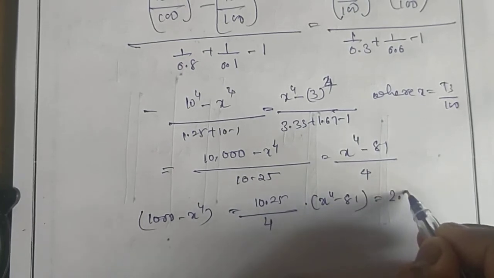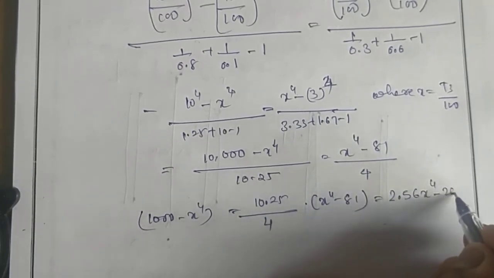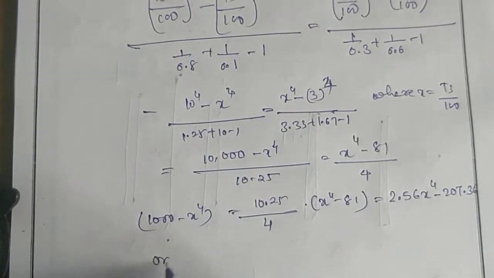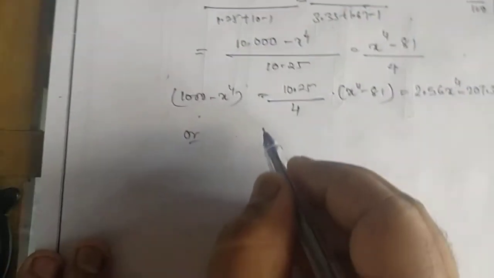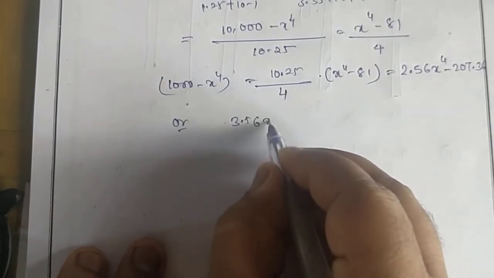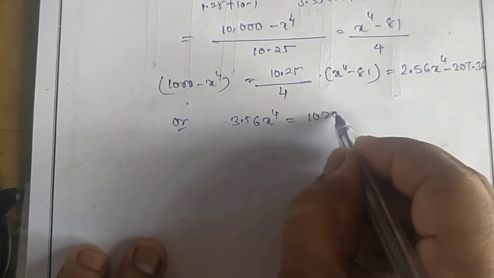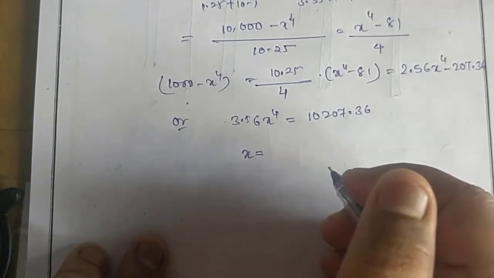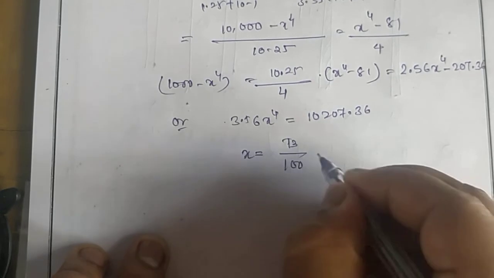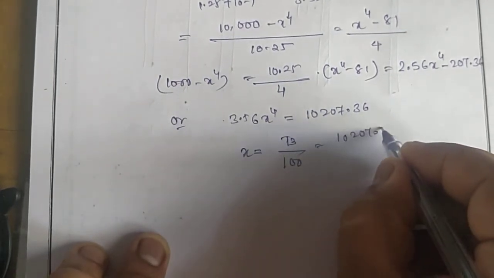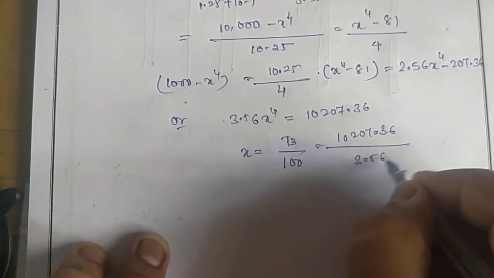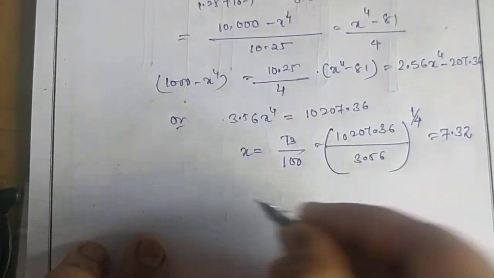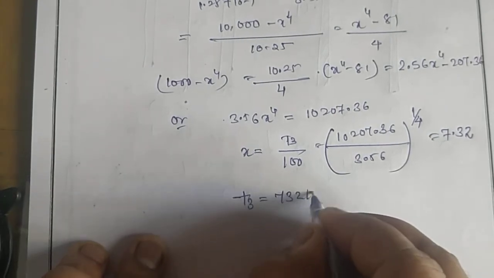This gives 14.25 x to the power of 4 equal to 10207.36. Then x is equal to (10207.36 divided by 14.25) to the power of 1/4, so x is 7.32. T3 is equal to 732 Kelvin.